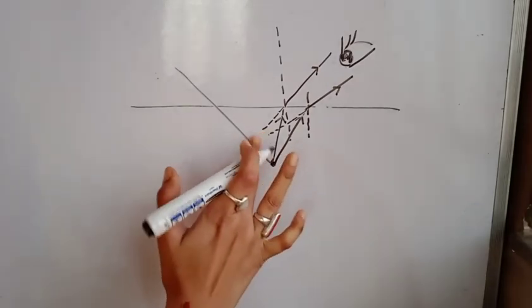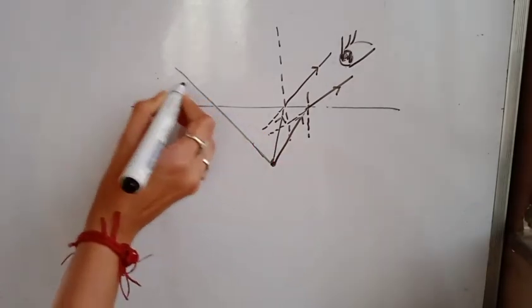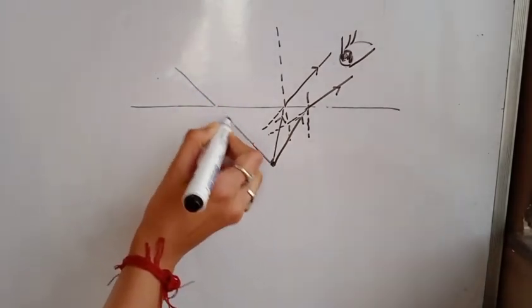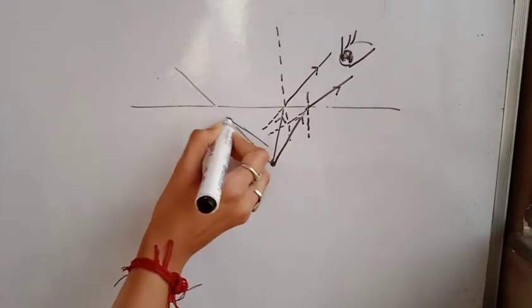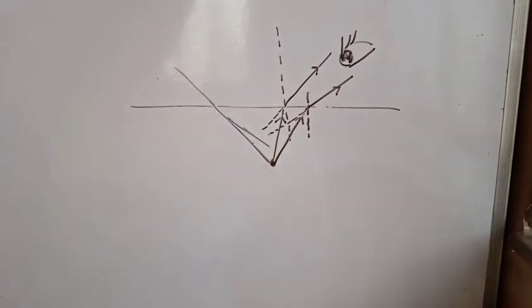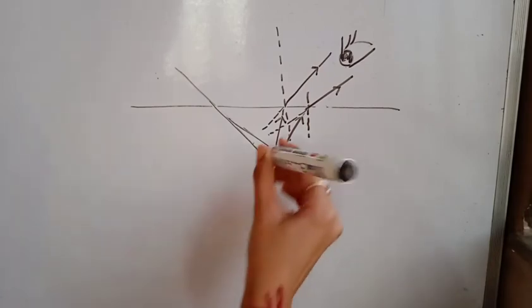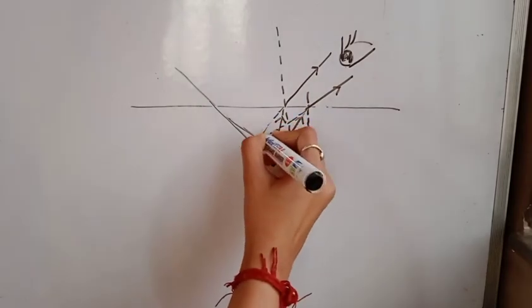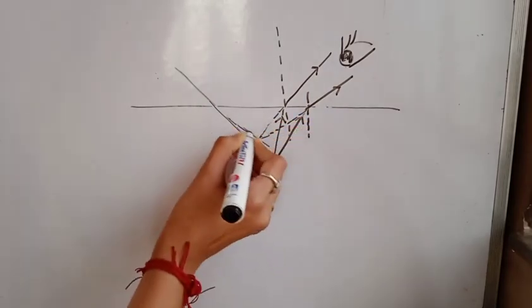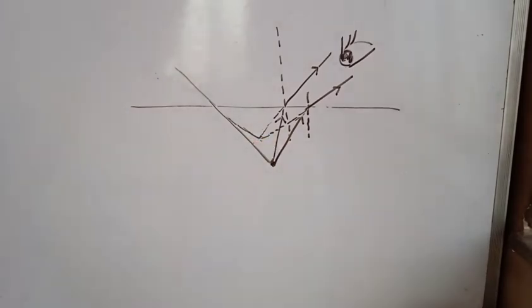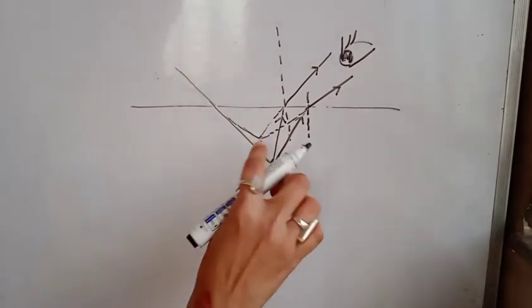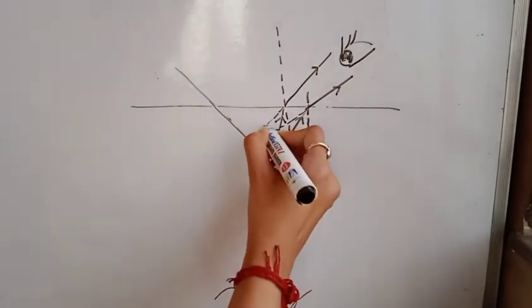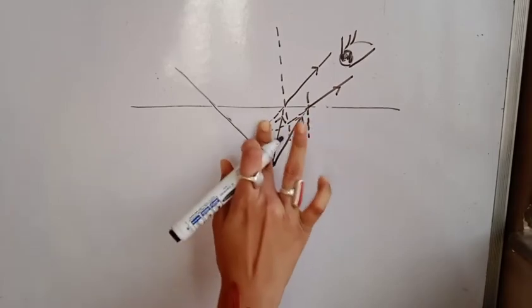So for me, the stick will be like this. This is the actual stick that should be like this, but this ray of light is coming to my eye, meeting at this point. So I will see this stick in this position. I will not see this, I can see only this. I am just drawing it more clearly.